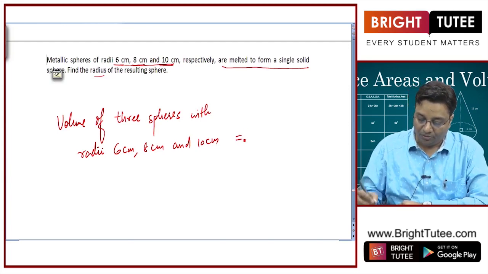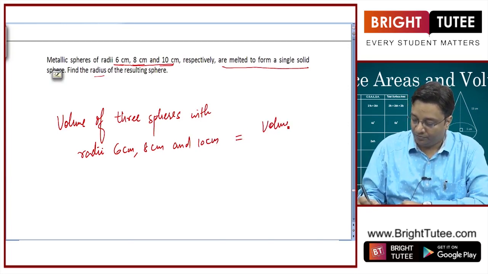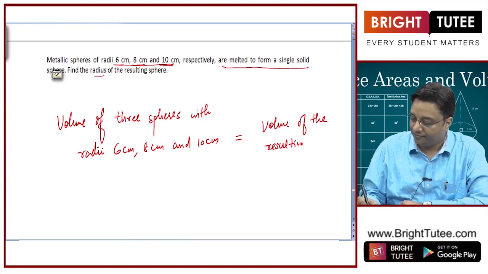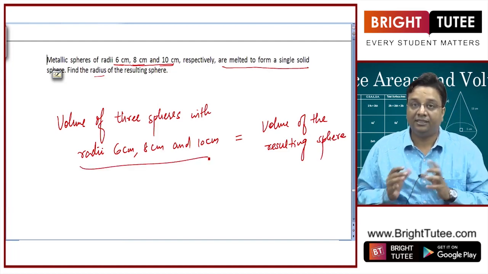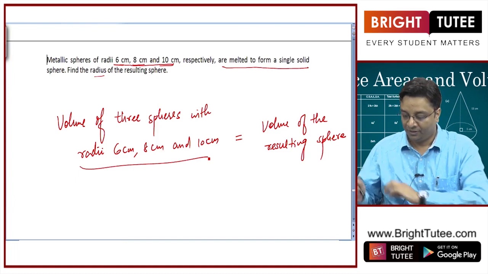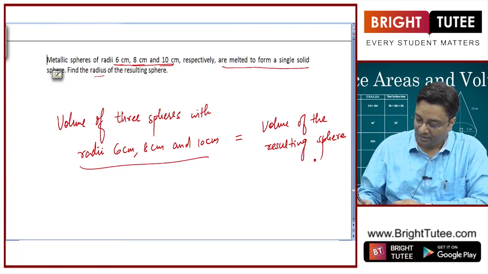It is equal to volume of the resulting sphere, right? We are melting these 3 spheres to make a single sphere of, let us say, radius r.